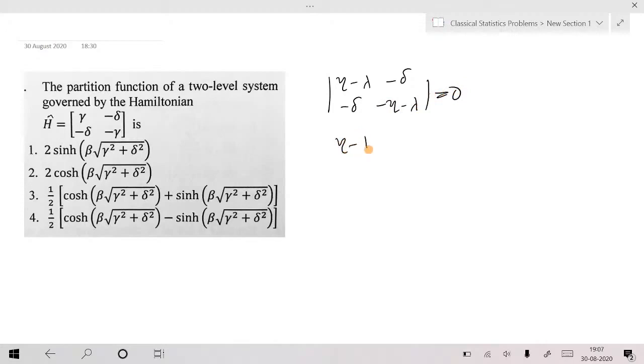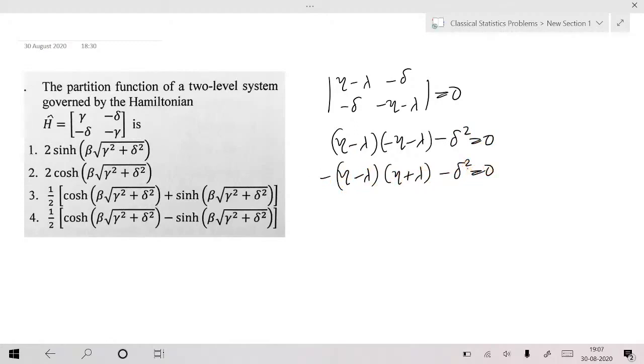Gamma minus lambda into minus gamma minus lambda, minus delta square is equal to 0. Gamma minus lambda, gamma plus lambda, minus delta square is equal to 0. Gamma square minus lambda square. I can cancel out this negative sign by multiplying the whole thing by negative, plus delta square is equal to 0. I need to solve it for lambda square.